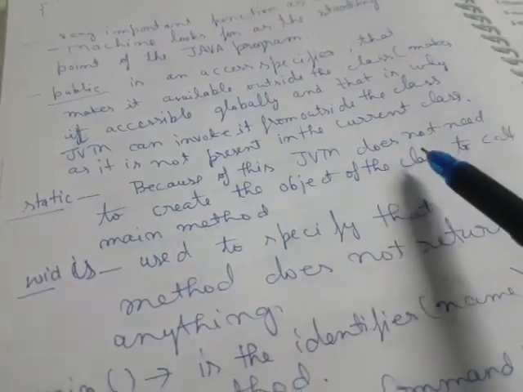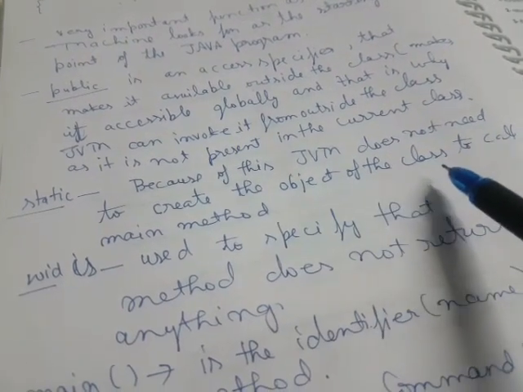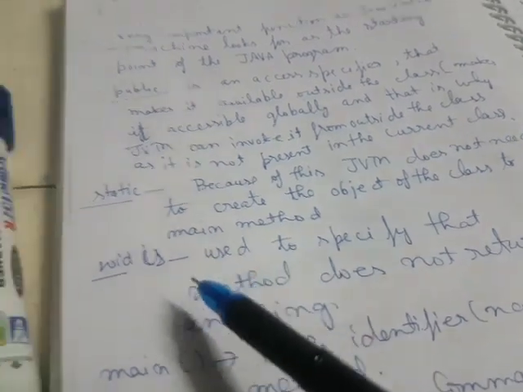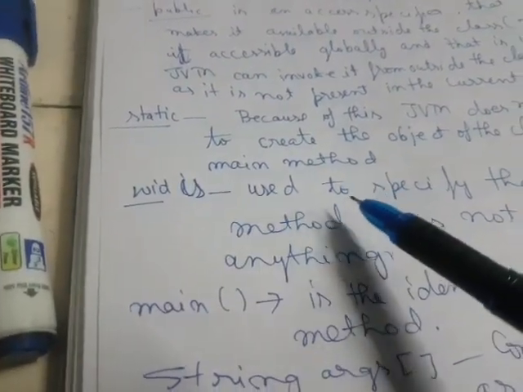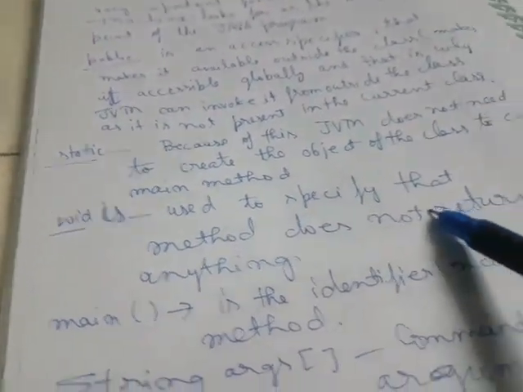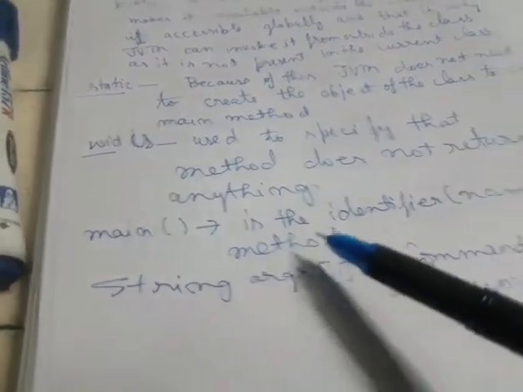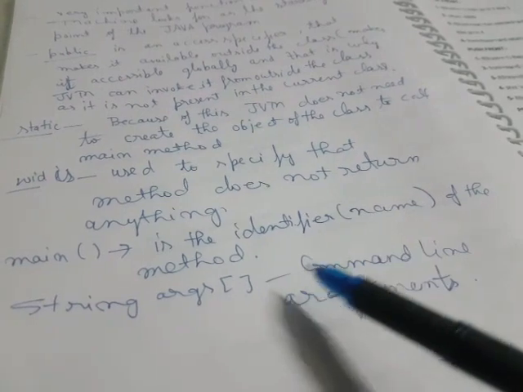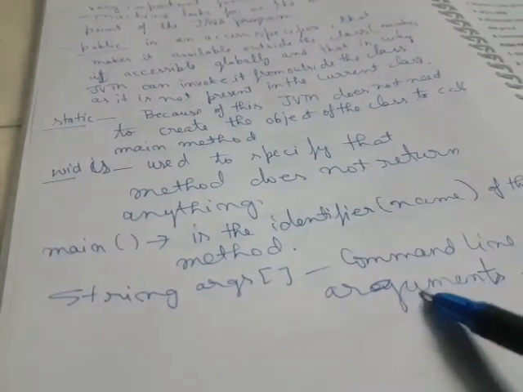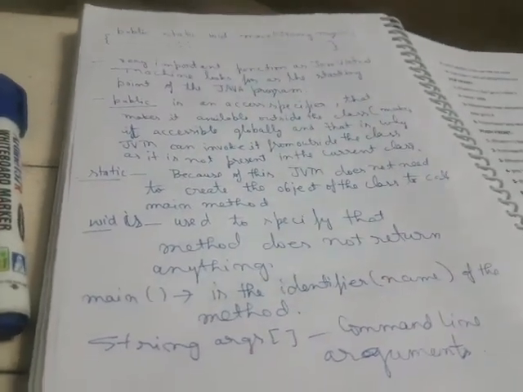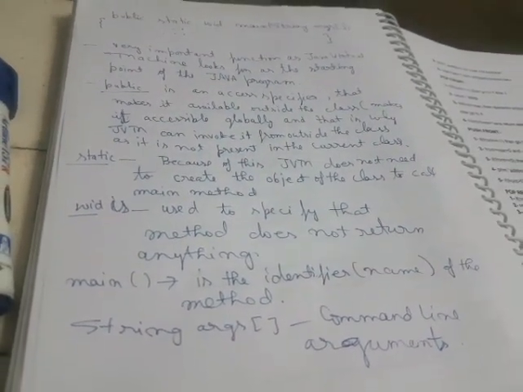Because of this, the JVM does not need to create an object of the class, which is called instantiation, to call the main method. Void is used to specify that the method does not return anything. Main is the identifier or name of the method. String args are called command line arguments. I hope everybody has got a clear idea of the main method now.